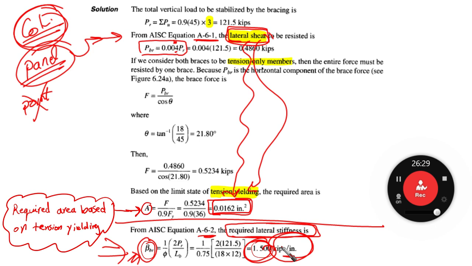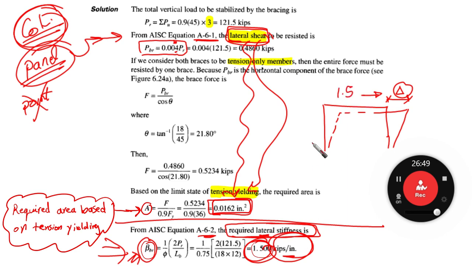Required lateral stiffness. Remember, lateral, as I said, not axial. We want the structure, this is delta, and there is a force that is going to be there. This force, according to this equation, is supposed to be 1.5. Based on that, we obtain the corresponding area, and then compare it with this area.